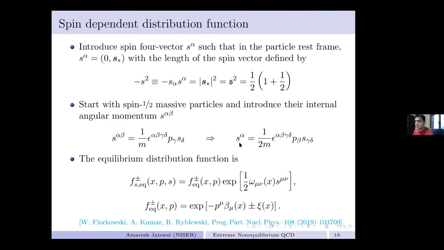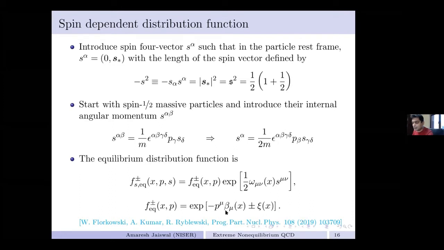So the equilibrium distribution function, if you remember, in the example of the rigidly rotating gas, now becomes a function of S. It's a function of x, the position, the momentum, and now it also becomes a function of S. The spin part is given by this term, omega mu nu S mu nu, and the equilibrium part is our usual Maxwell-Jüttner form.